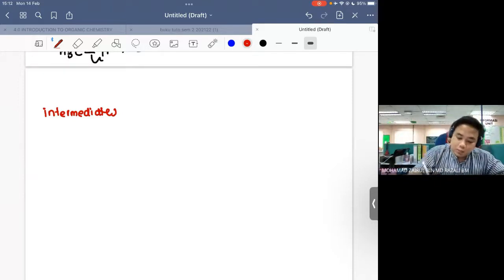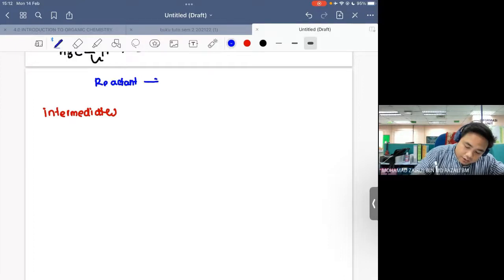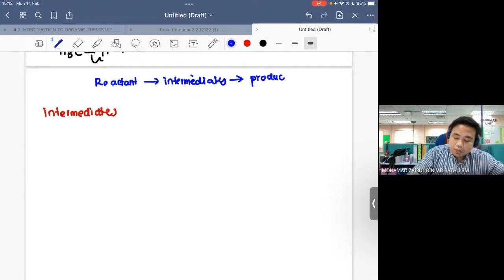When we carry out a chemical reaction, the reactant will first convert into an intermediate, and then the intermediate will convert into the product. Normally the intermediate occurs at the transition state. Okay, so there are 3 different types of intermediate. So we have the free radical.